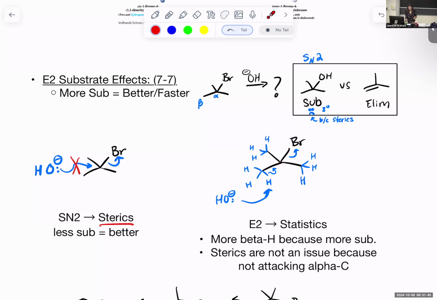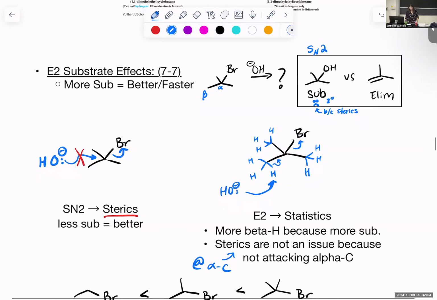The alpha carbon sterics are not an issue because I'm not attacking that alpha carbon. I attack next door. Sterics will still play a factor, but not at the alpha carbon.